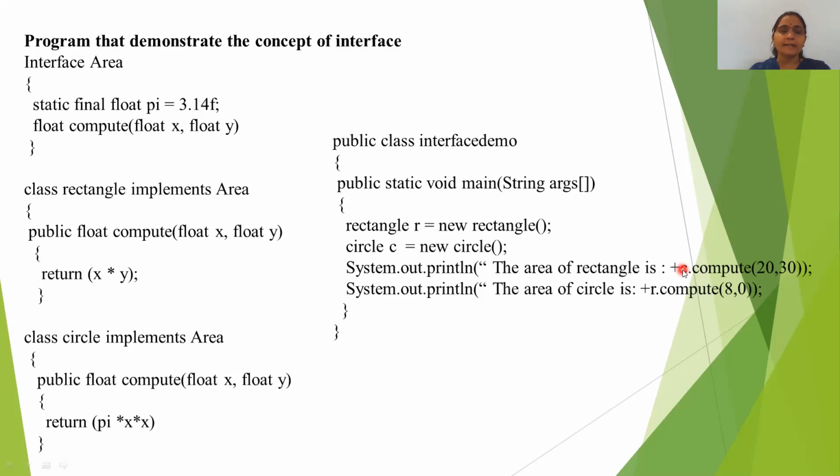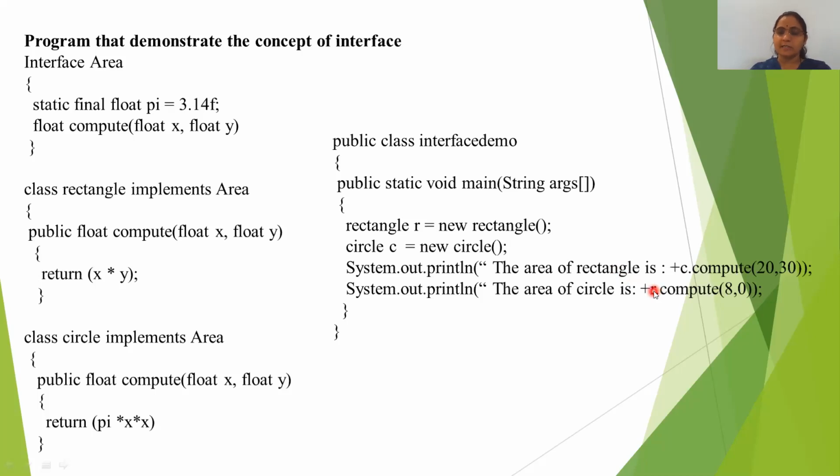The control directly jumps to the area of rectangle, and directly the values 20 and 30 will be copied to X and Y, and it will be X into Y. What is plus? Plus is the concatenation symbol. As I have already told you, plus is the concatenation symbol, and that value will be concatenated with your message.